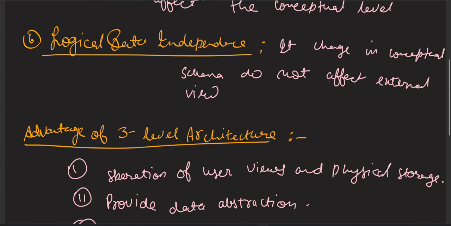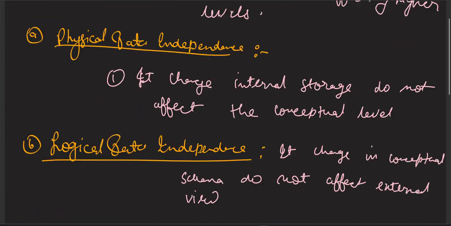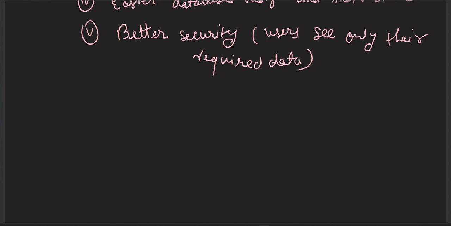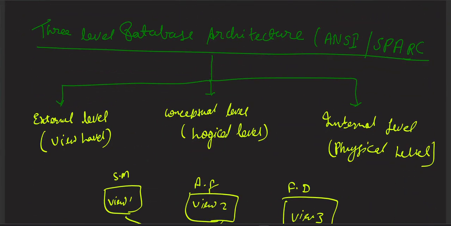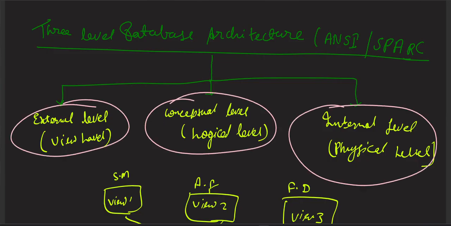So let's recap what we have done till now. We have discussed that the DBMS follows a three-level architecture, called external, conceptual, and internal. The external level is called the view level, the conceptual level is called the logical level, and the internal level is called the physical level.